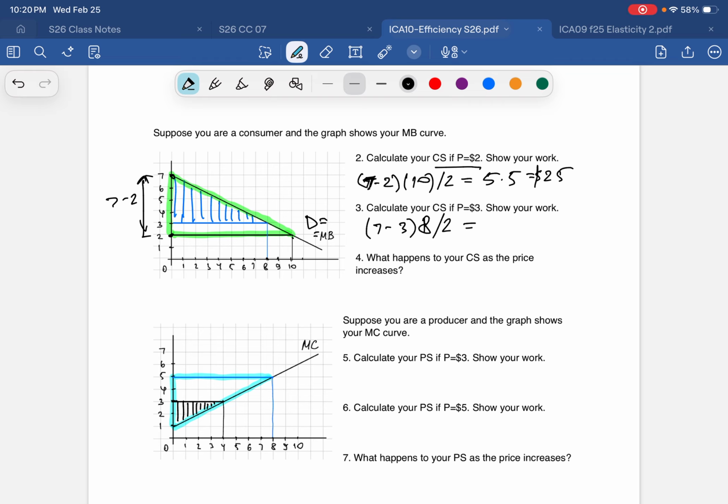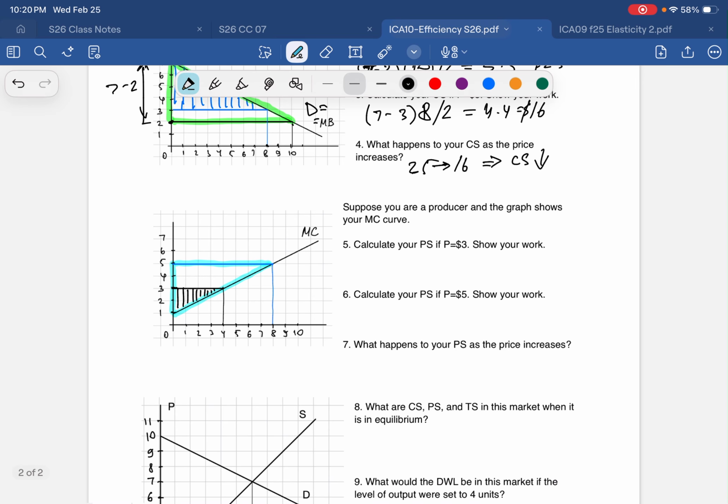So 4 times 4 gives us $16. And then what happens to consumer surplus as the price increases? Well, clearly as you go from 25 to 16, you're going down. Consumer surplus goes down, which makes sense, right? The higher the price, the less surplus consumers are getting.